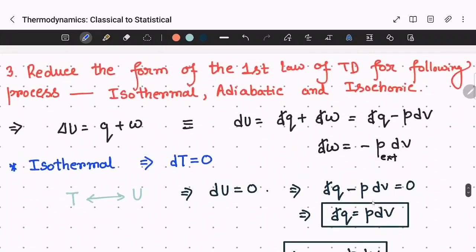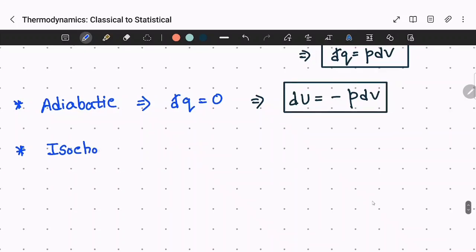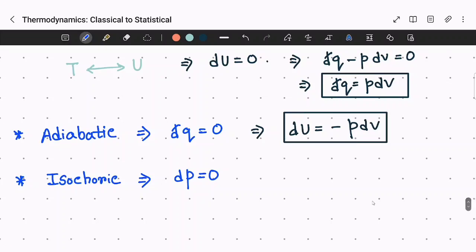And for the third one, this is isochoric. For isochoric means the p is constant. That means dp is 0. So it does not add anything, because here we are considering the mechanical work, and mechanical work means the expansion or compression that happens with respect to constant pressure. So it does not reduce our first law.